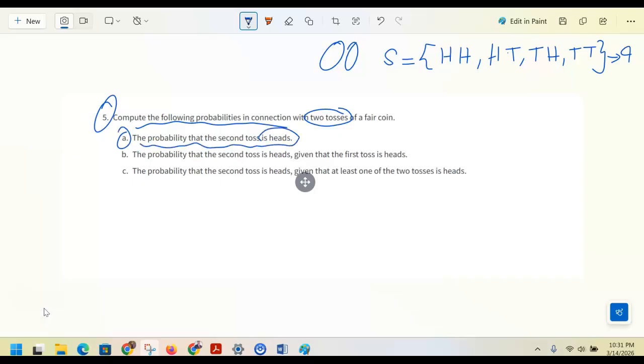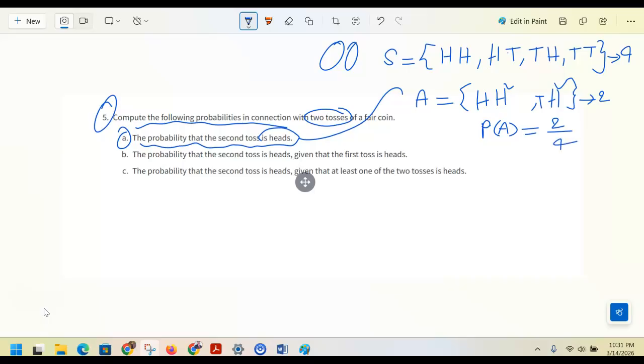We'll call this A, where A is second is head. The first one could be head or tail, and in both cases the second is head. So there are two of them, and the probability that the second is head is 2 out of 4, which is half.